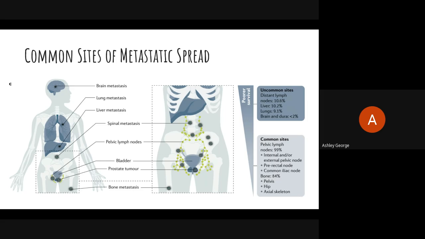Those are the more common sites that we'll see metastatic spread and also have a better chance of survival. But these uncommon sites in this text box above, if it spreads to distant lymph nodes or the liver or the lungs or even the brain, while this is more uncommon, it does indicate a much poorer chance of survival.